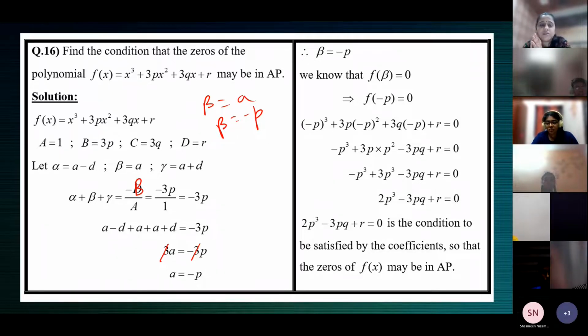When the coefficients are not completely numerical, you will not get numerical values. So you see here beta is minus p. How? Because beta is A, and A is minus p.